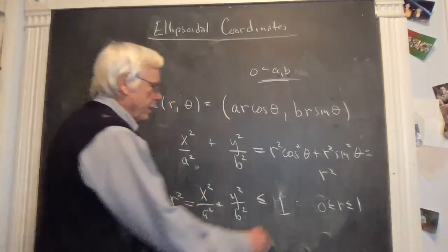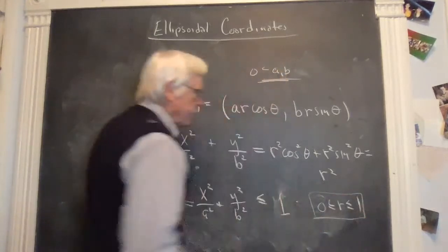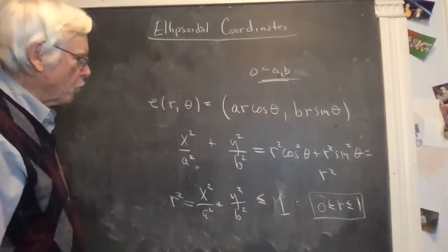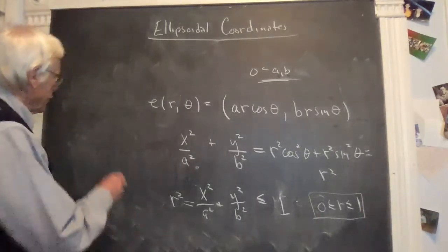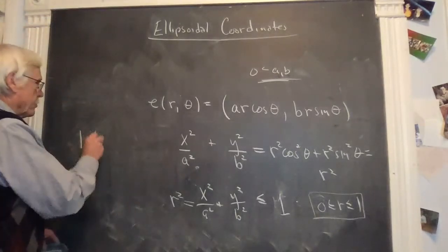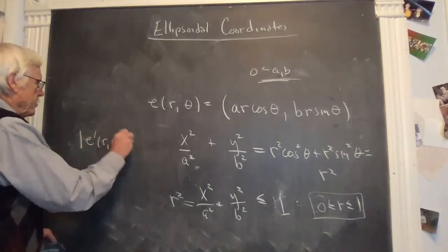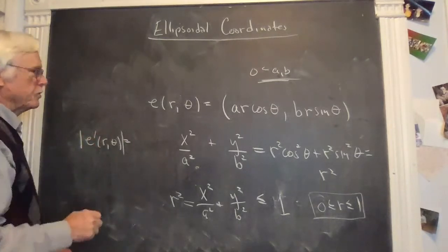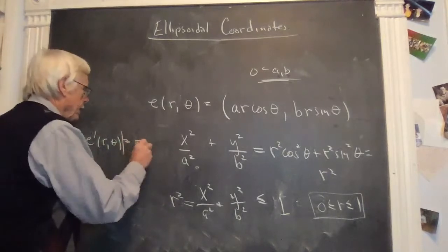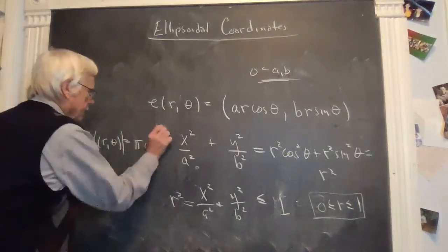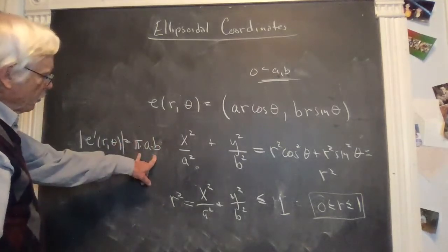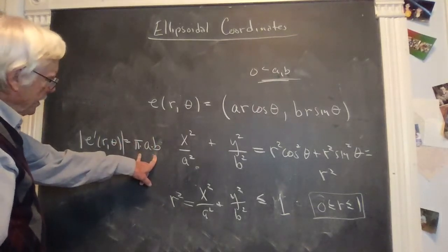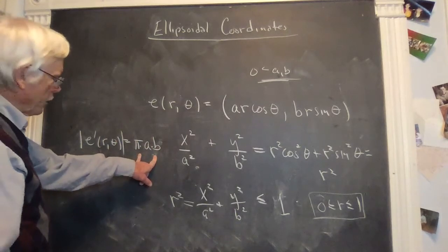So this is very nice, and theta is again a central angle like it is with polar coordinates. You can remember that the determinant of this, the expansion contraction factor in this case, is easy to remember. It is just a b r. If a and b are equal, then it's a circle, and a and b would be the radius of that circle.